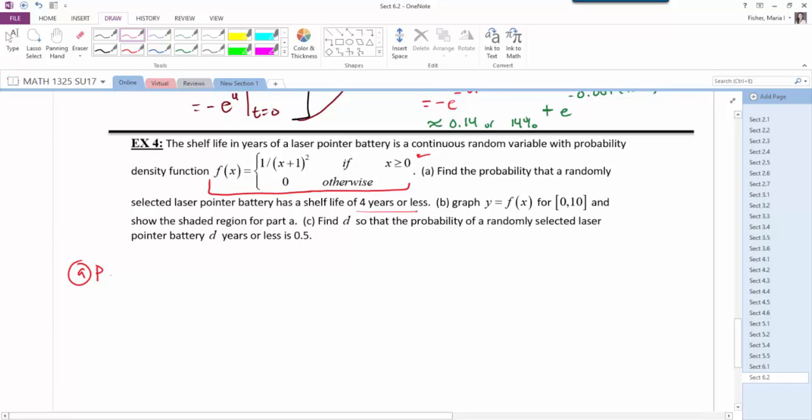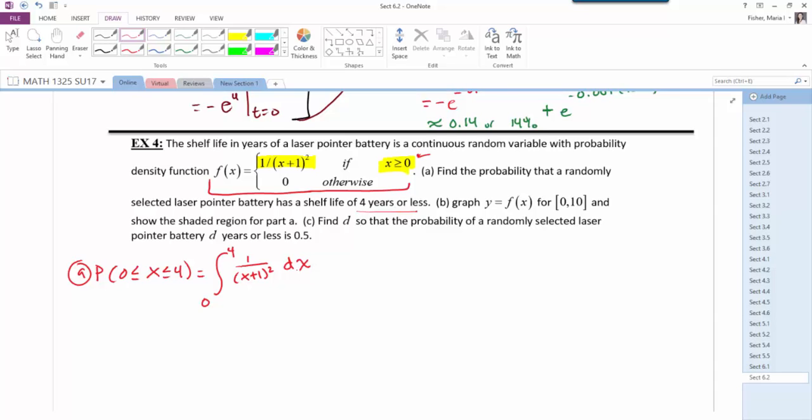So we want the probability that we're going to be between 0 and 4. So that's going to be the integral from 0 to 4 of, well, between 0 and 4, I know that I'm choosing my top function here because that's where I exist if I'm between 0 and 4. So it would be of 1 over x plus 1 squared dx. Now I need to integrate this, so I know that I'm going to let my function that's being raised to a power equal u.